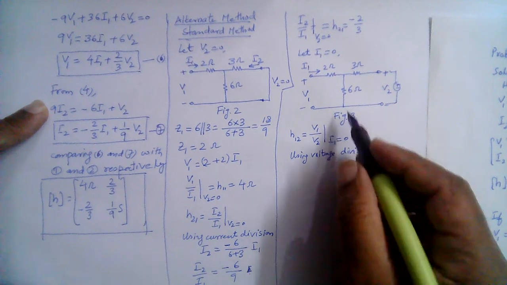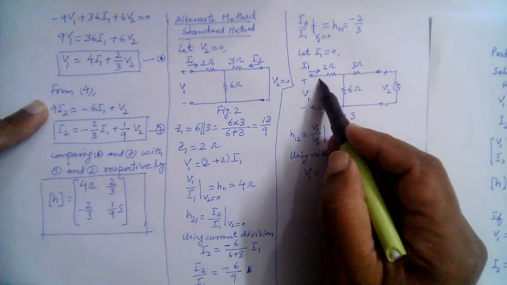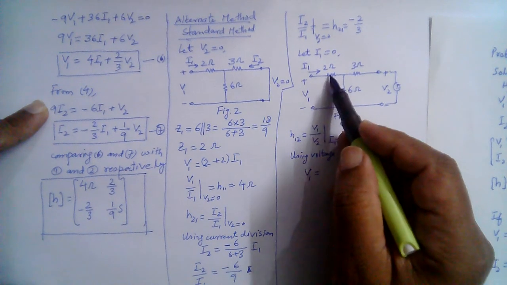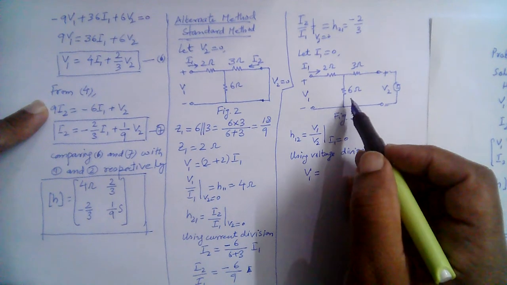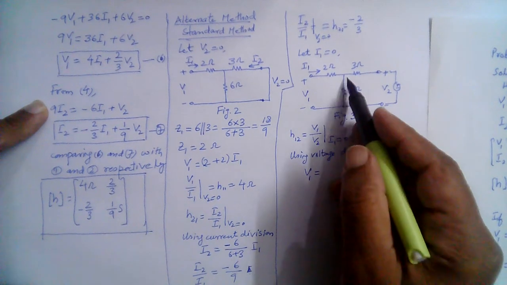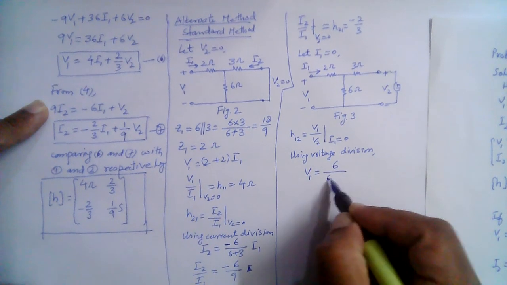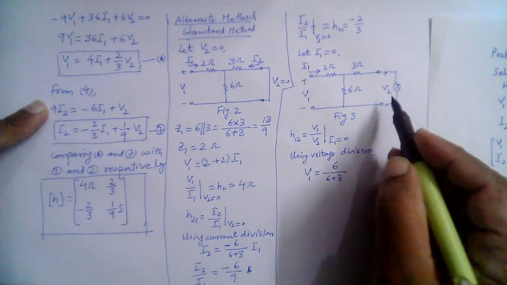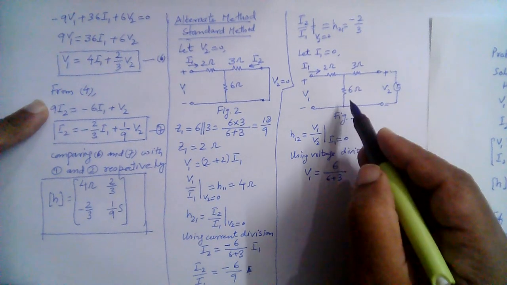So V1 is equal to, as this is open circuit, this is out of the circuit, and this 3 ohm and 6 ohm are in series, right? And V1 is the voltage across the 6 ohm resistance. So 6 divided by 6 plus 3 and multiply by this total voltage V2. V2 is across both 3 ohm and 6 ohm which are in series.